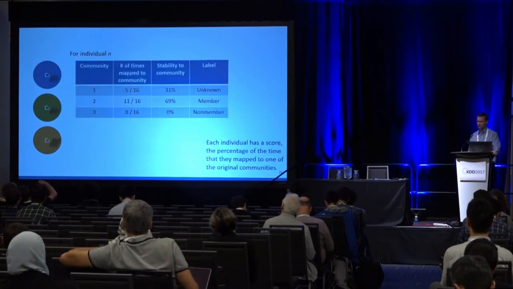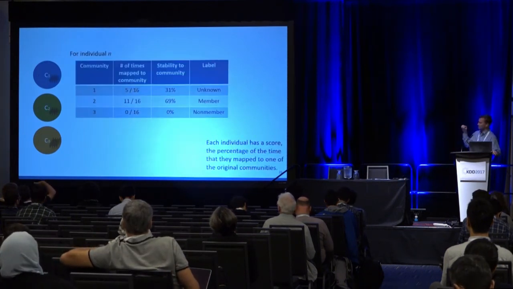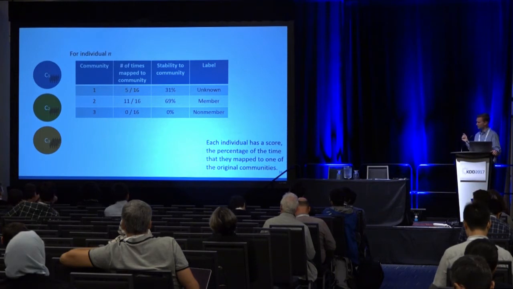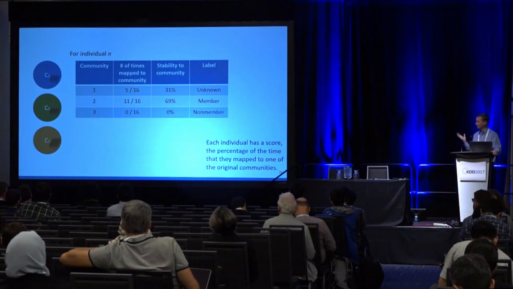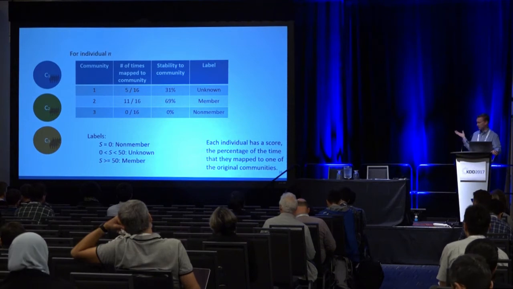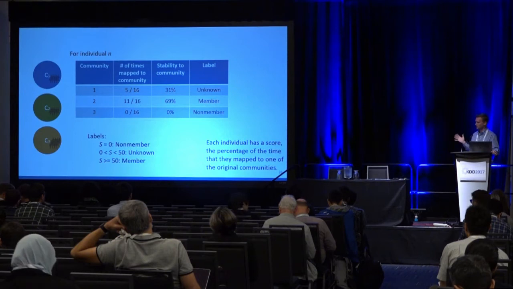Okay, so here's another example. This is our individual N, who was included in 16 of the 20 bootstrapping runs. 5 times this individual mapped to community 1, 11 times they mapped to community 2, and 0 times they mapped to community 3. We created a set of rules here to label our members. Somebody who maps to a community 0 times is labeled as not a member of that community. Somebody who maps to a community more than half of the time is labeled a member of that community.